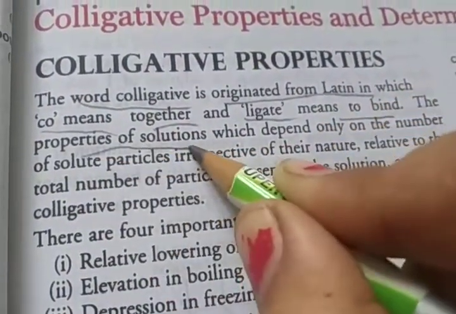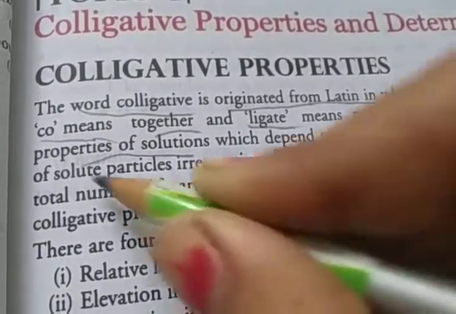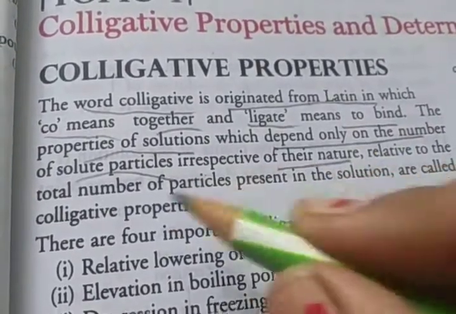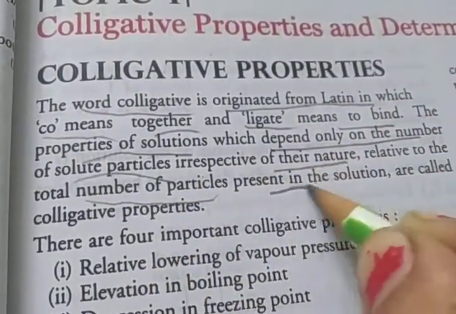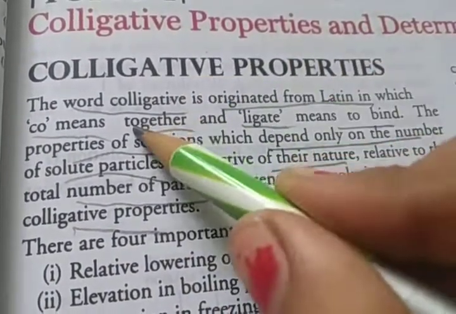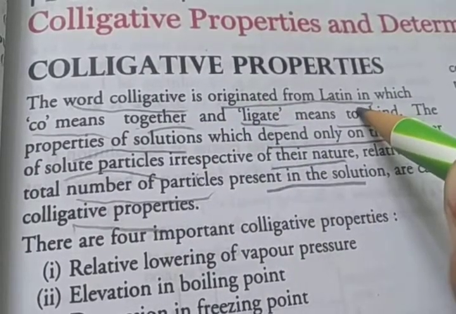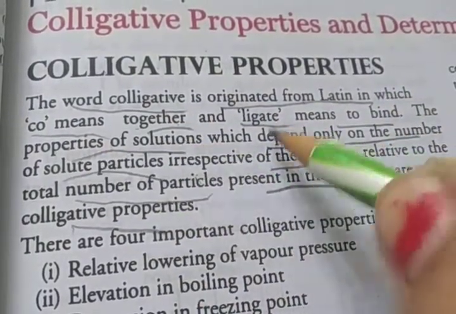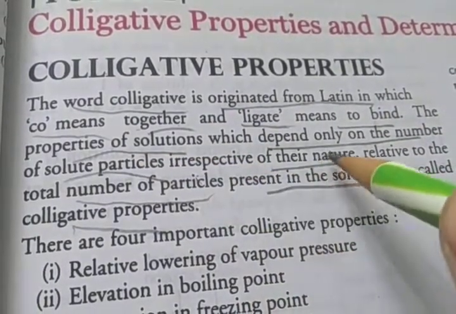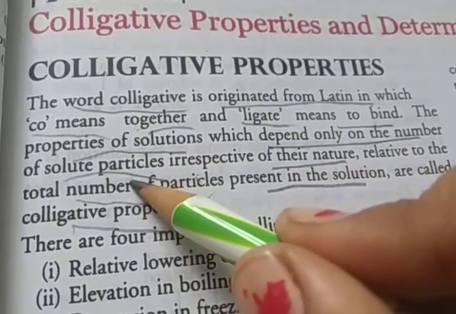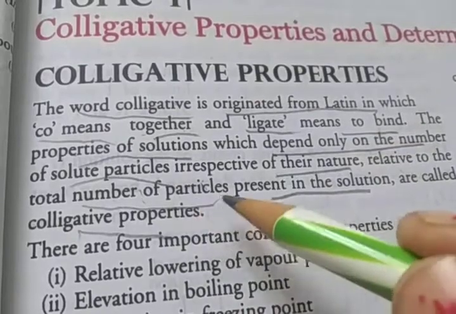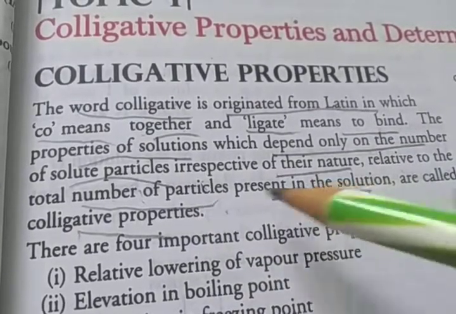The properties of a solution which depend only on the number of solute particles, irrespective of their nature, and relate to the total number of particles present in the solution, are called colligative properties.